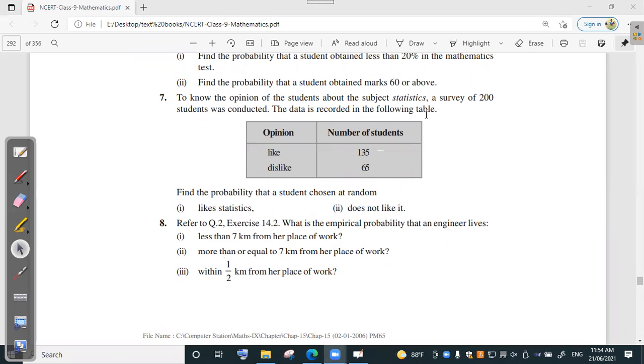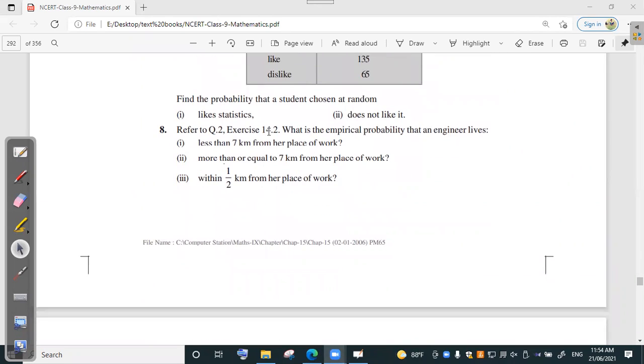Next question refers again to question number 2 of exercise 14.2. What is the empirical probability that an engineer lives less than 7 kilometers from her place of work?